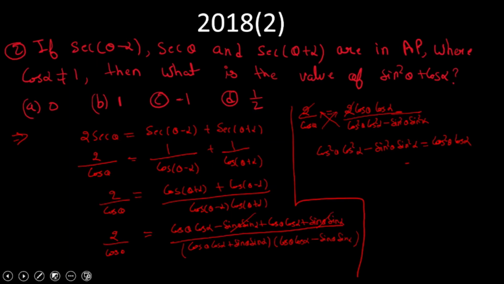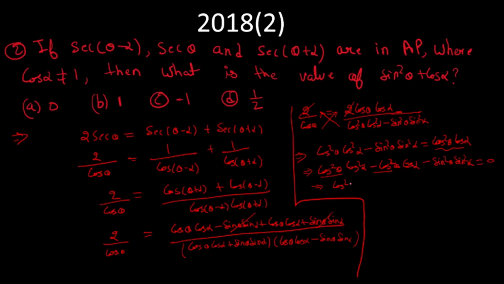Okay, so now we take this to the left hand side. We get cos square theta cos square alpha, then cos square theta and cos alpha, and the same sin square theta and sin square alpha equal to 0. Now I take cos square theta common here.